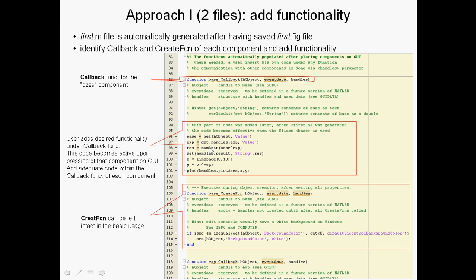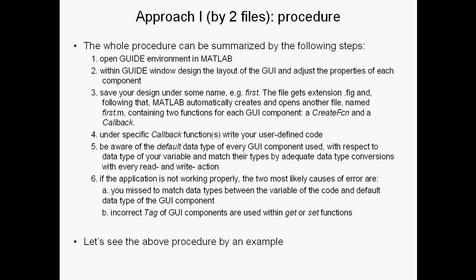So these are the details that one has to pay attention to, otherwise we can get some implausible values within the components. That note is put here in these comments to be aware of the default data type of every GUI component with respect to the data type of your variable, and to match their types by adequate data type conversions.